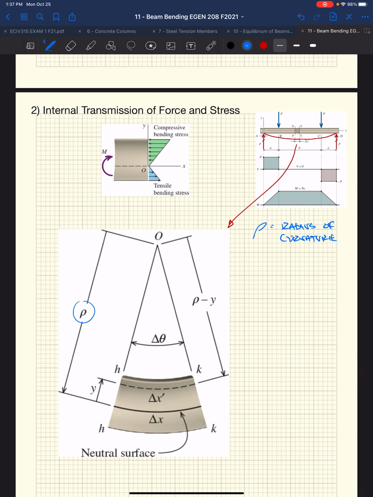Well, if we look at our little cross section, I talked about how this internal moment creates these internal stresses that start at 0 at our neutral axis and increase linearly as we head outward. And we know force creates stress.